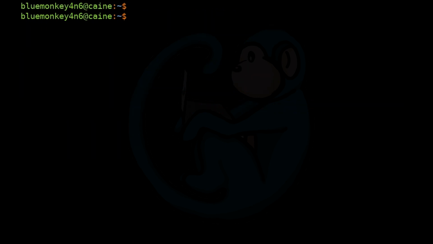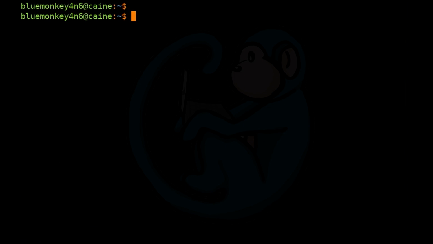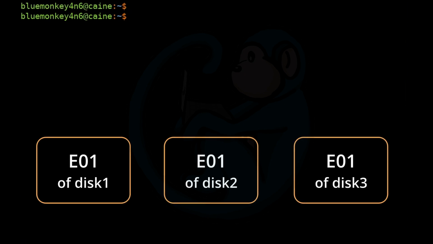Now let's take a look at the situation where another forensic examiner had shut down the RAID and then imaged the individual drives. And now you're tasked with the examination. So in this example, we're given 3 E01 sets from a RAID 5 array that had each of the 3 component drives imaged individually.